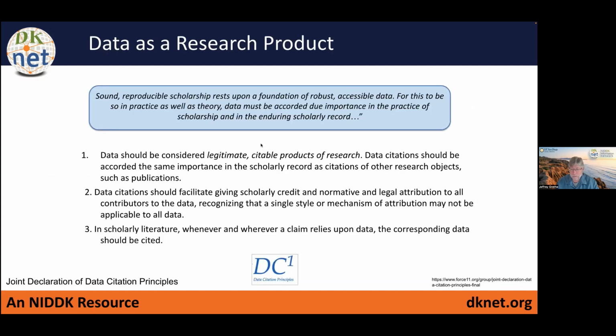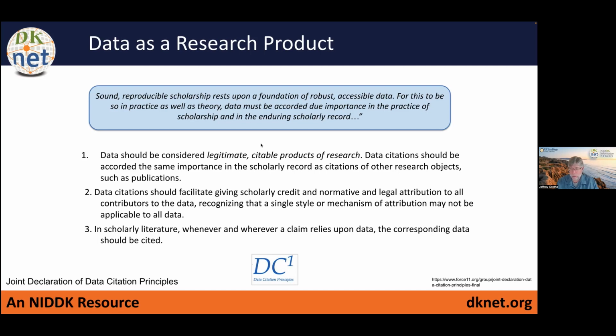Now, one aspect of data sharing and data publication is that in the community itself, of journals, people working on the publication of data, and the repositories, there is a notion of data becoming a research product, just like a publication, so that data should be considered a legitimate citable product of research.